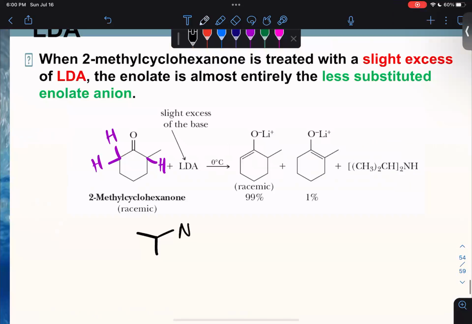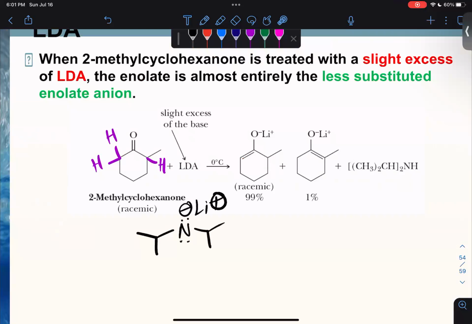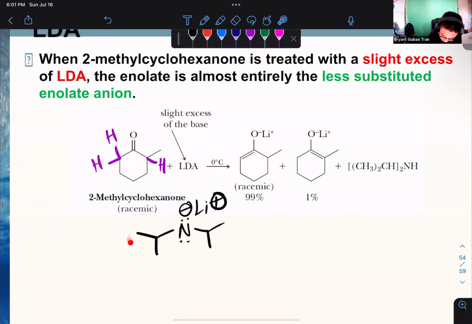So LDA is just used to make an alpha nucleophile mostly, or a double bond for E2 reactions. You see how this is a very bulky base. Any type of base would prefer to grab this hydrogen and form the more stable double bond because it's more substituted.